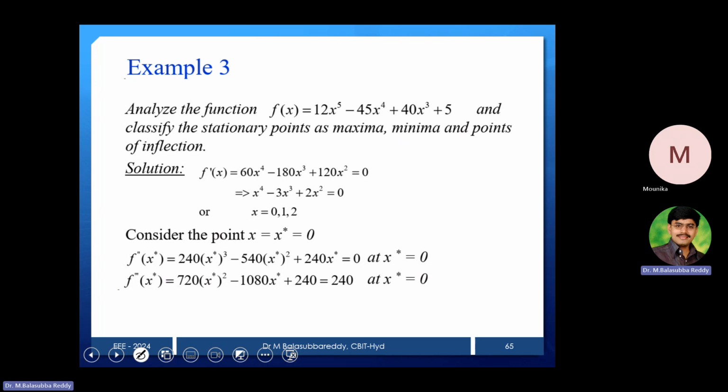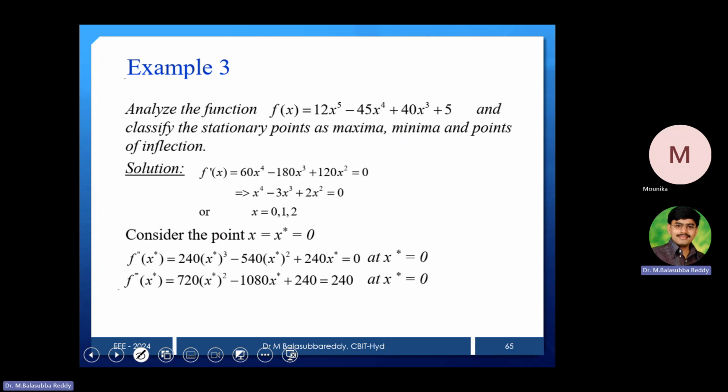From that, you get some points, x star is 0, and you can check it with the probable roots for this. And for the second derivative at x star, we got 0. And if I take the third derivative, then we got 240.